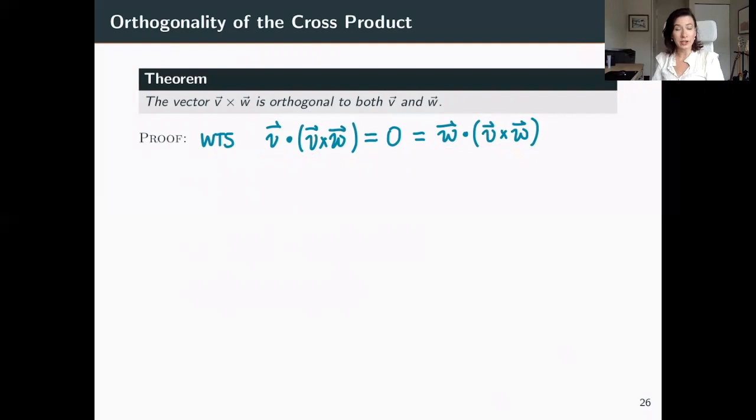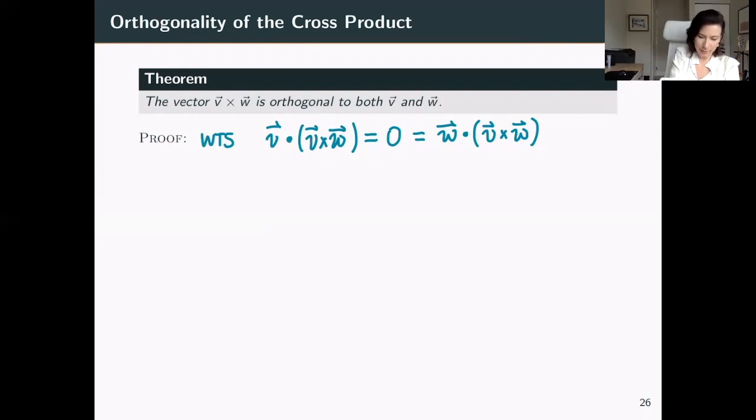I'll go ahead and show that the first dot product, v dotted with the cross product, is 0. I encourage you to try the second one on your own. Let's go ahead and check out the dot product of v and v cross w.